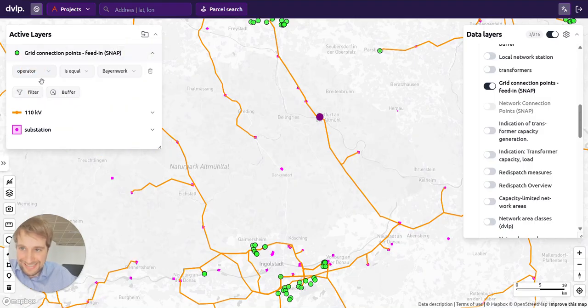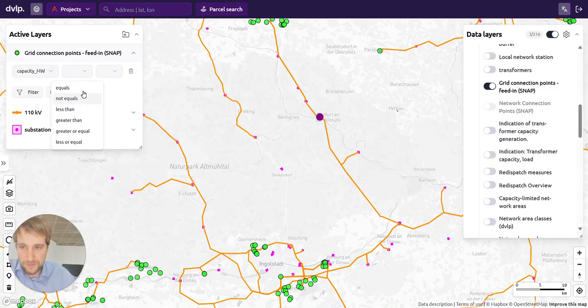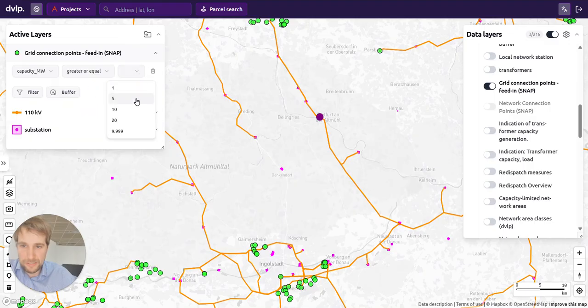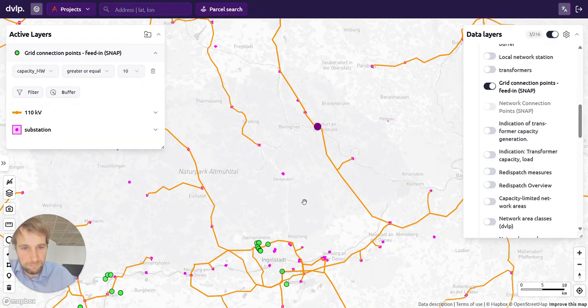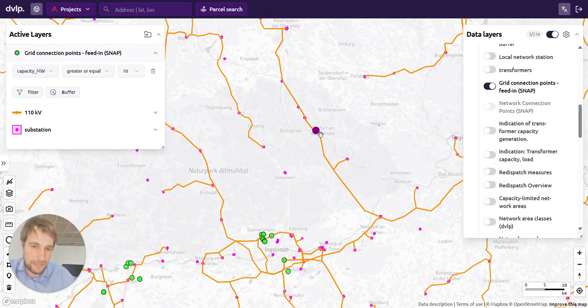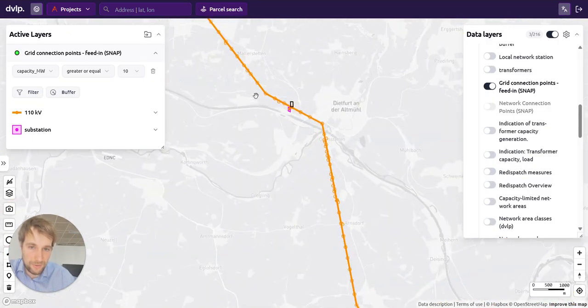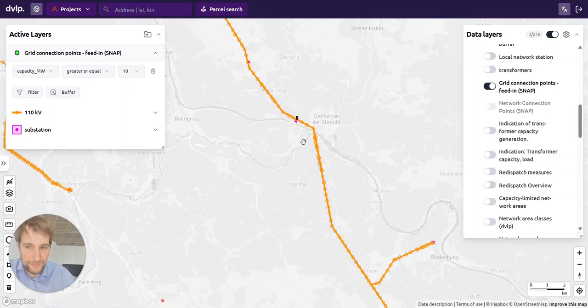And now you can also nicely filter the data set, which really gives you a quantitative view on the current connection option. If we put the filter on greater or equal than, let's say, 10 megawatt, we want to connect a rather larger park. We do see that there is no green point, which indicates no available capacity as of today at our local substation.